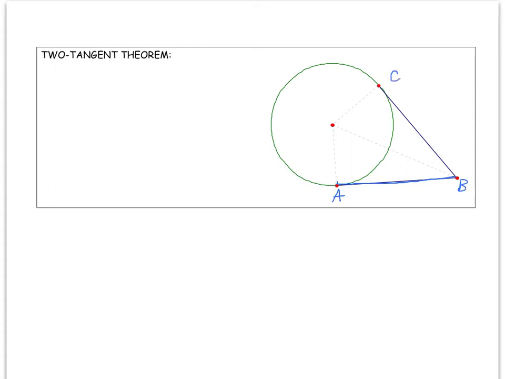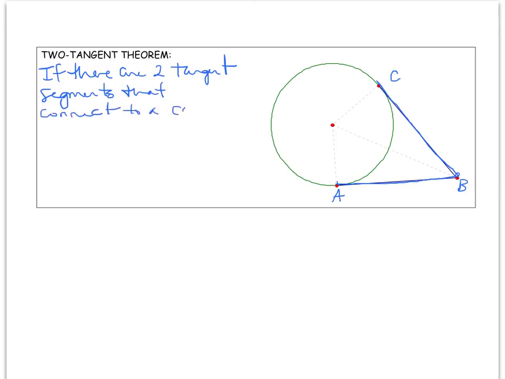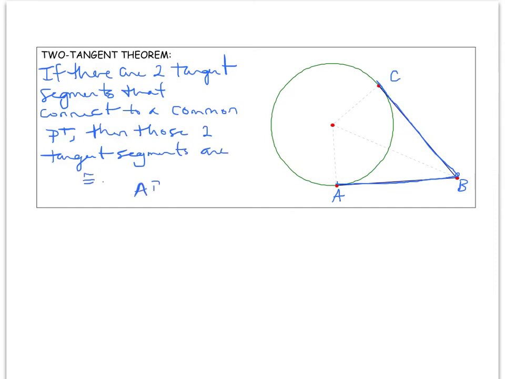So if you have two tangent segments that connect to a single point outside the circle, then those two tangent segments are congruent. So in this case, AB is congruent to BC.